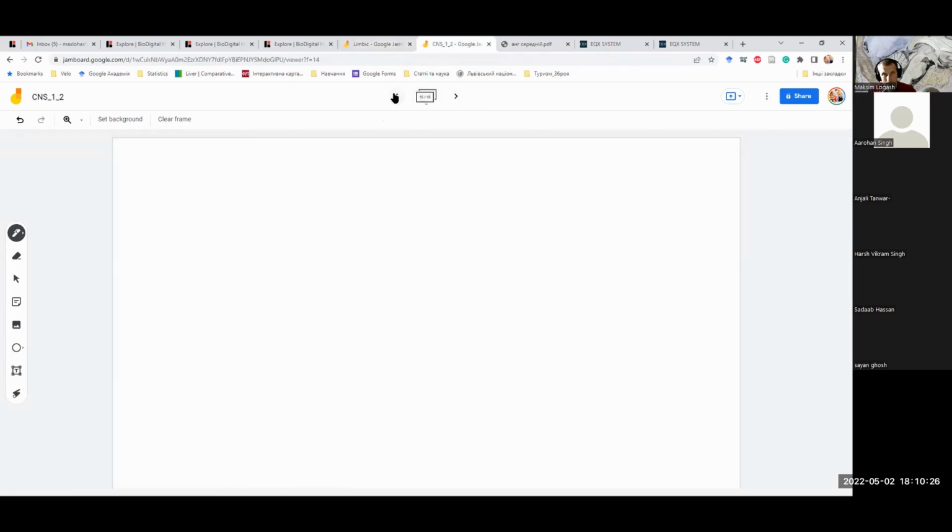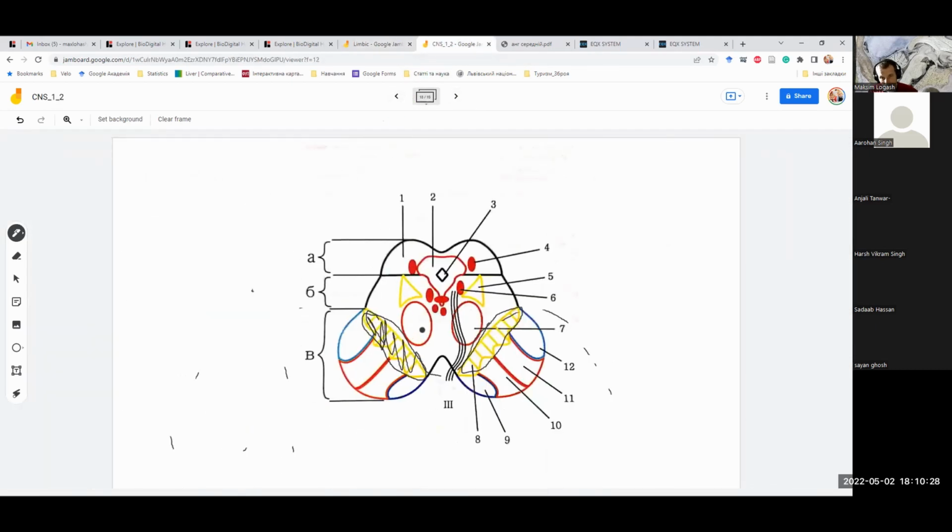Next, on the level of the tegmentum, you have to be able to recognize the red nuclei, the position of the red nuclei. And that's all about specific structures.